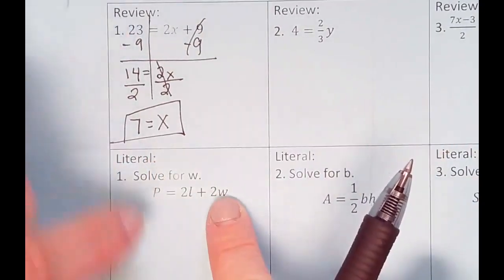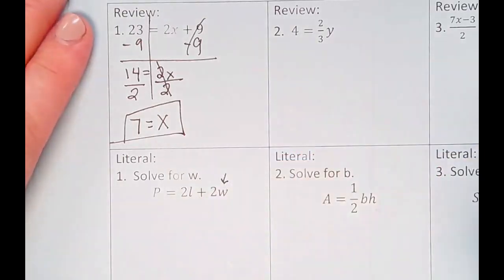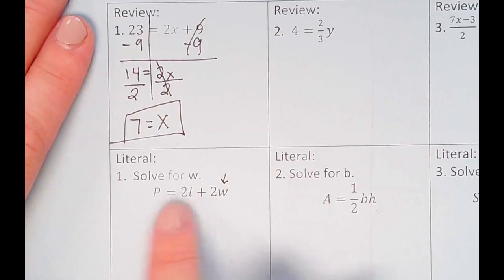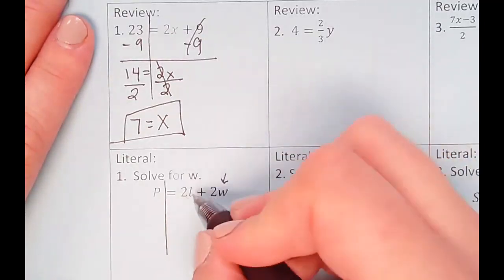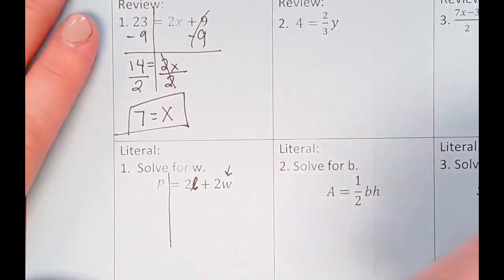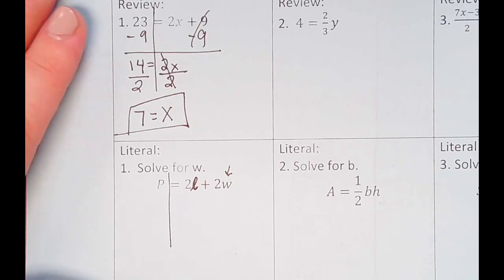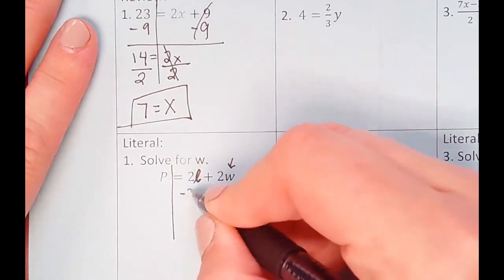It's positive, so I will undo that with subtraction. So minus 2L. P and an L term, those are not like terms, so I just set them next to each other. P minus 2L. Order matters here, okay, equals, these L's cancel, drop down 2W.